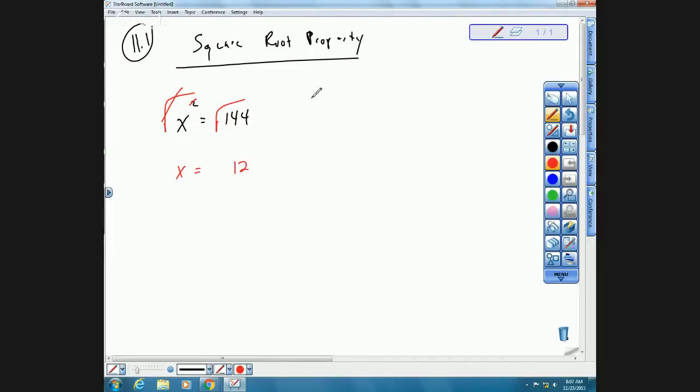The problem with that is that I could do 12 squared to get 144, but I could also do negative 12 squared to get 144. Since positive 12 squared equals 144, and negative 12 squared equals 144, anytime I take the square root inside an equation, I put plus or minus, which is essentially two different answers, negative 12 and positive 12.